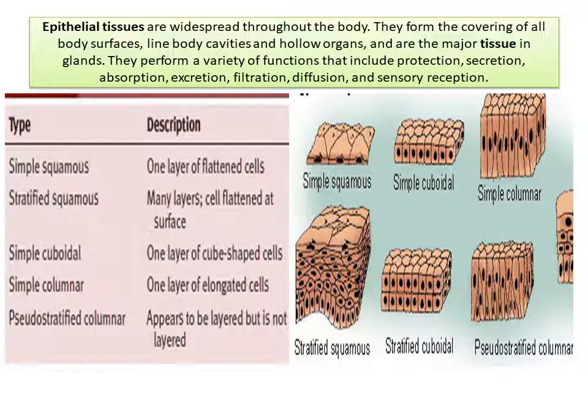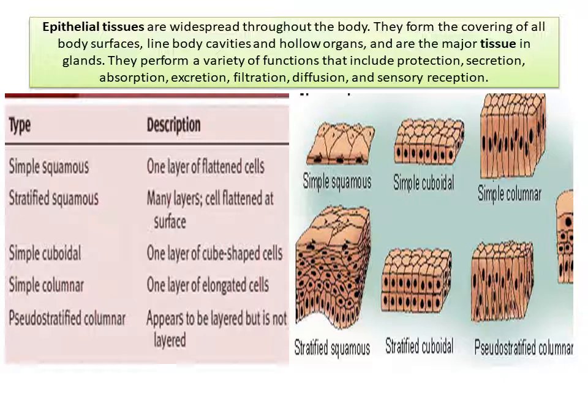See the description over here. When we say simple squamous, they are one layer of flattened cells. Stratified means many layers. So when there are many layers of such flattened cells, we call them stratified squamous. Simple cuboidal, cubical shape. When there is one layer of cubical shaped cells of epithelial tissue, we call it simple cuboidal.